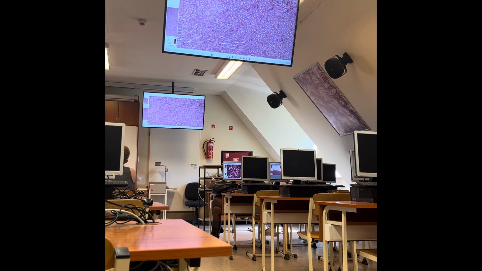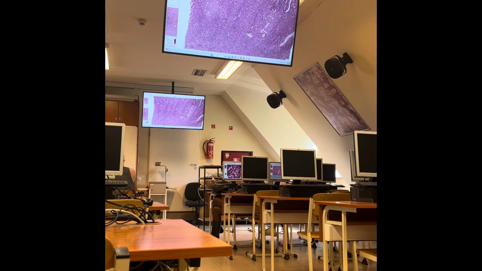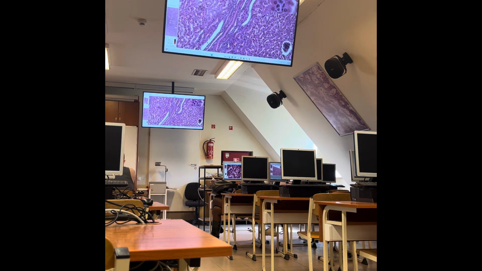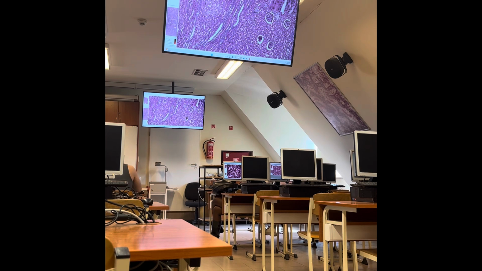But this will be more obvious when I enter the medullary ray, where we can see these tubules. So the left-hand side one is a proximal tubule, and this one is a distal straight tubule. This is part of the ascending limb of the loop of Henle. Okay, so distal straight tubule.